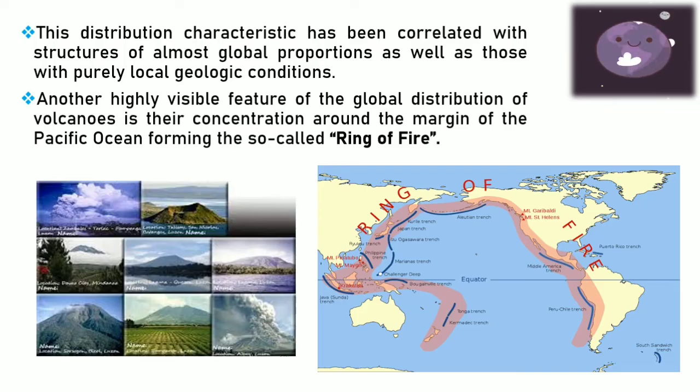The abundance of volcanoes and earthquakes along the Ring of Fire is caused by the amount of movement of tectonic plates in the area. These are the common places where volcanoes and earthquakes occur in the Pacific Ring of Fire.